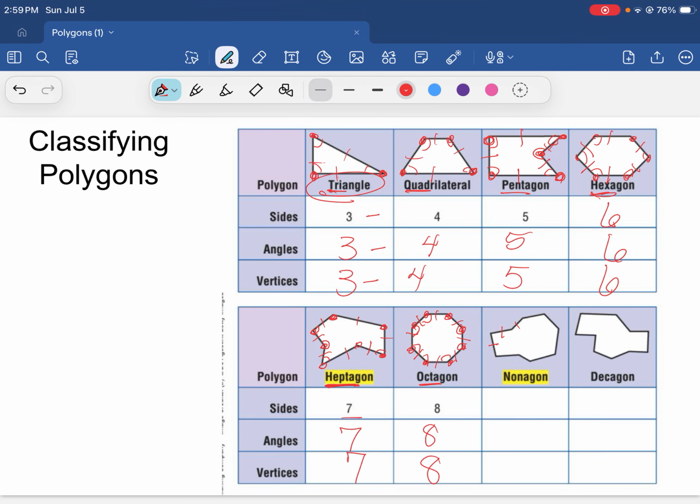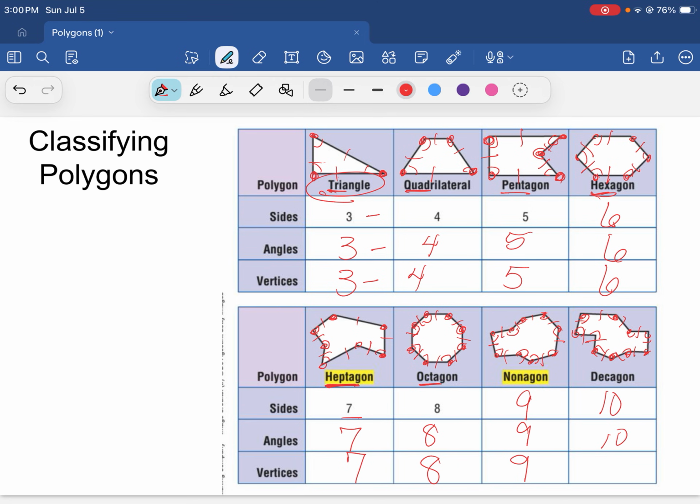We've got 1, 2, 3, 4, 5, 6, 7, 8, 9 sides, which means it also has 9 angles and 9 vertices. And a decagon has 10 sides, 10 angles, and 10 vertices.